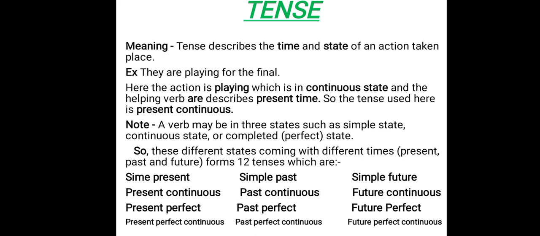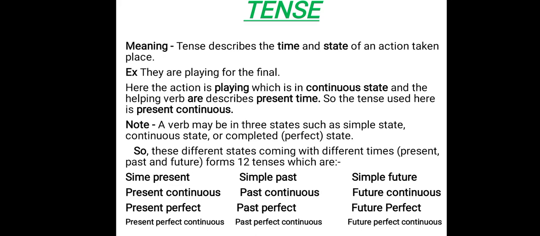The action is in which state? Continuous state. But it doesn't say what time it is in, but the helping verb are is helping to describe the time, or we can say are is describing the time. So here we can say the verb is in continuous state and the time is present, which is described by are.